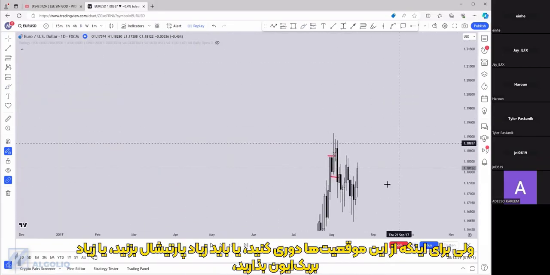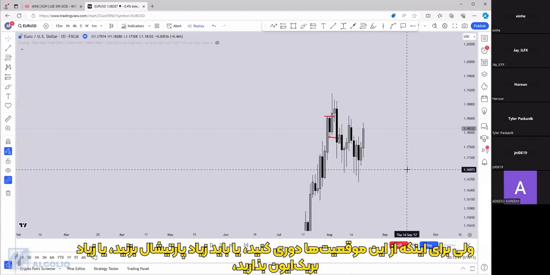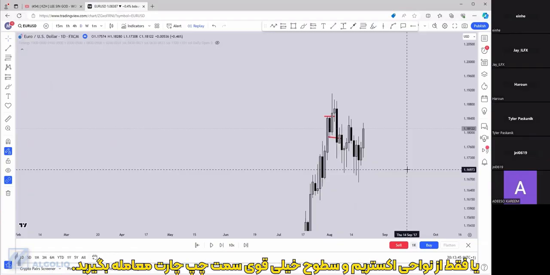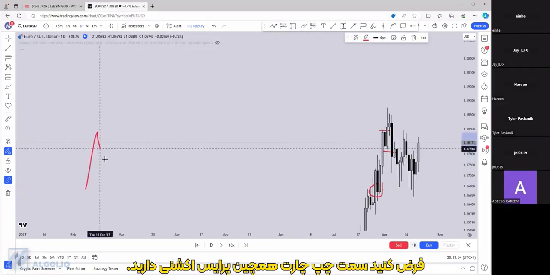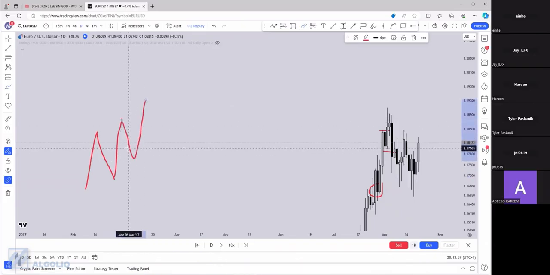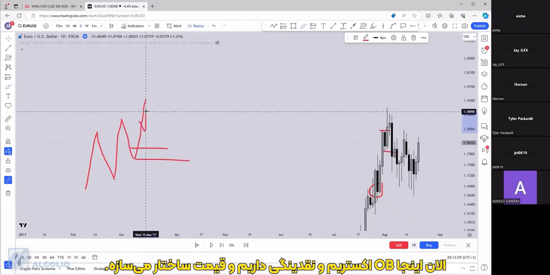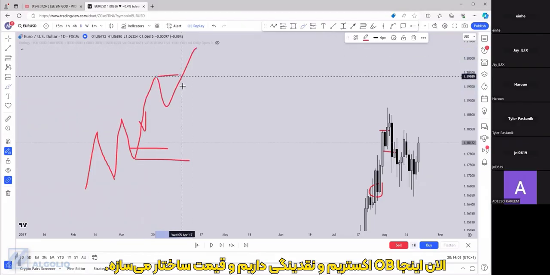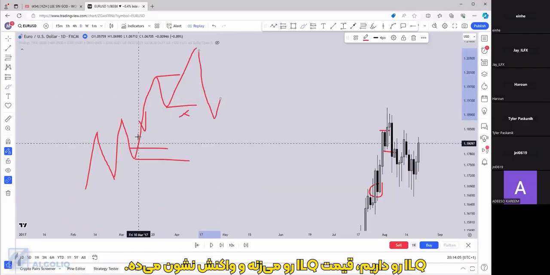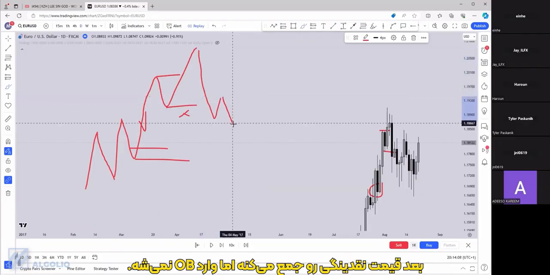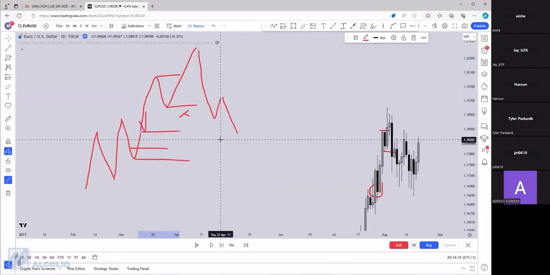But then how to avoid this is either you partial a lot, you put break even a lot, or you just trade off extreme levels, like really good levels from the left. So let's say you have some price action like this on the left. You have this extreme OB, liquidity, then price creates structure. You have ILQ, price takes out ILQ, gives a reaction, then price takes out the liquidity but doesn't tap into the OB.